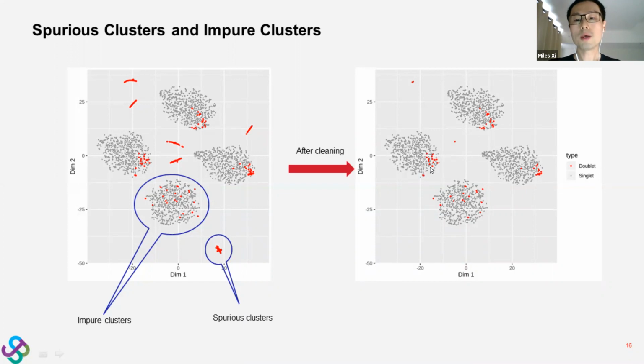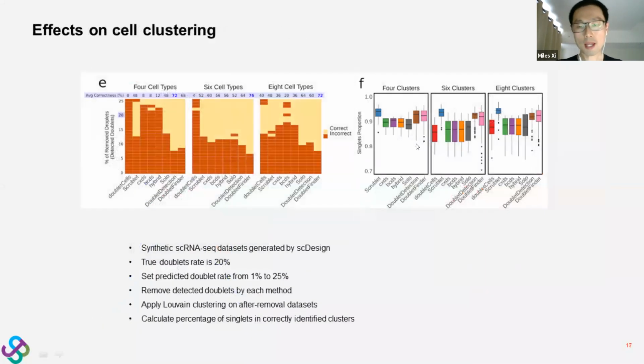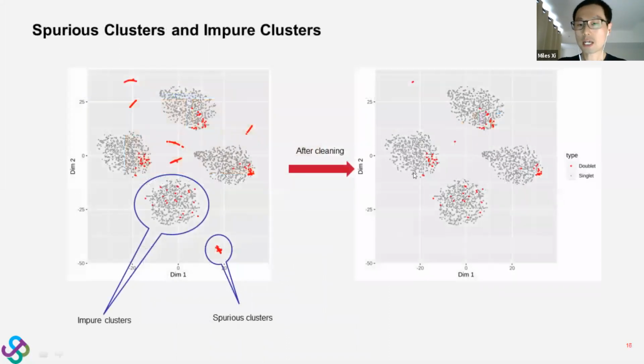We also hope a good method can not only remove all those red fake clusters, but also make your correct clusters pure. So this is the box plot of your singlet proportion in your correct clusters. We hope higher is better. It's just like the proportion of those gray points in each cluster.